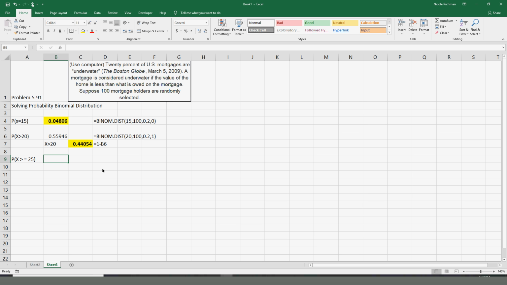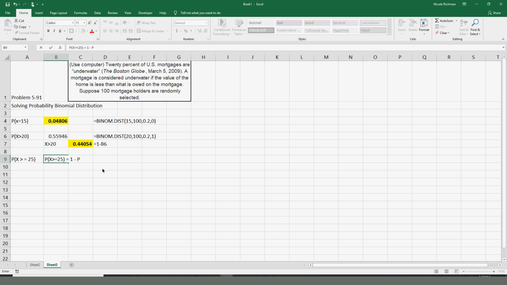So we know that the probability of X greater than or equal to 25 is also equal to 1 minus the probability of X less than or equal to 24.